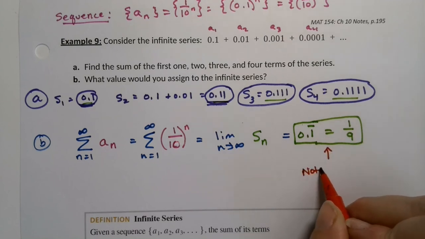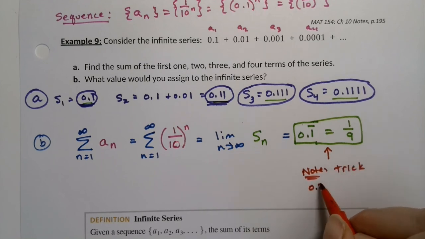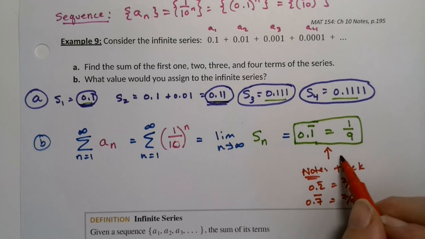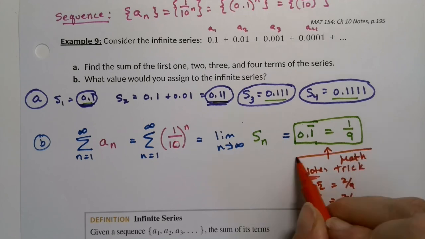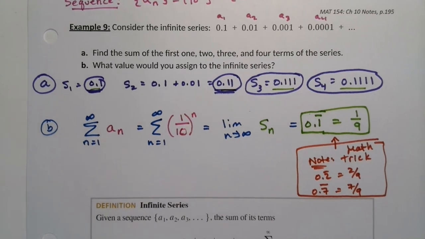So there's a little trick to this that we might want for later use. 0.2 repeating is 2/9. 0.7 repeating would be 7/9, etc. It's a little math trick. It's actually an arithmetic trick. So it's just a little note.